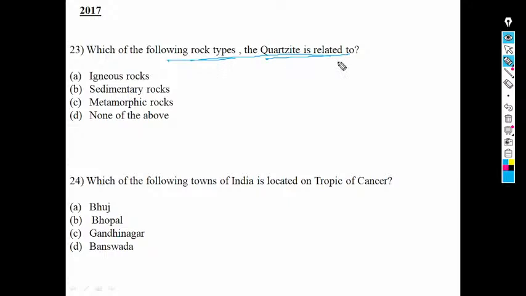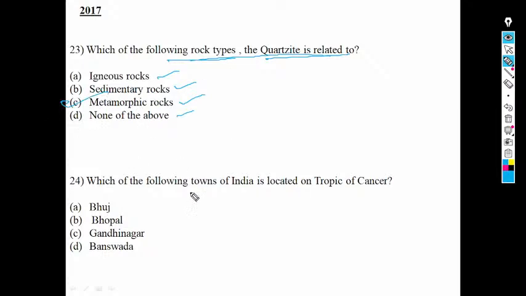Quartzite is the rock related to: igneous, sedimentary, metamorphic, and unobservable. Quartzite is metamorphic basically.